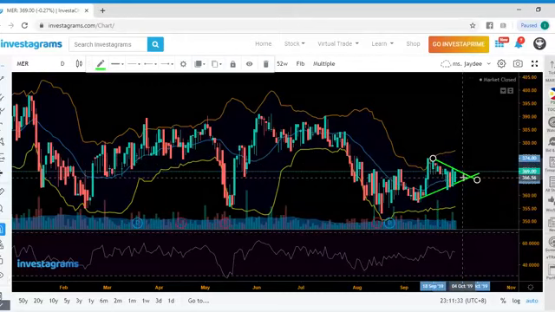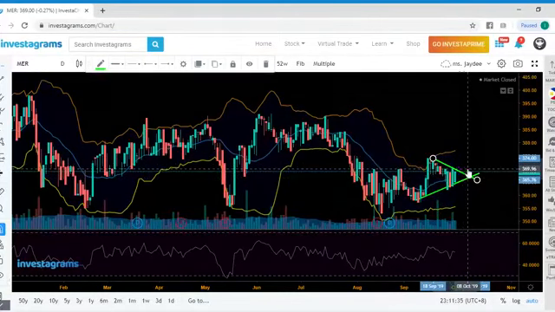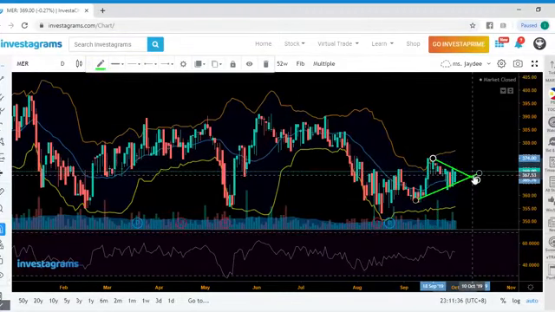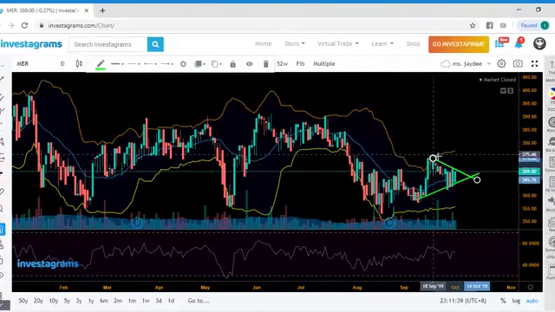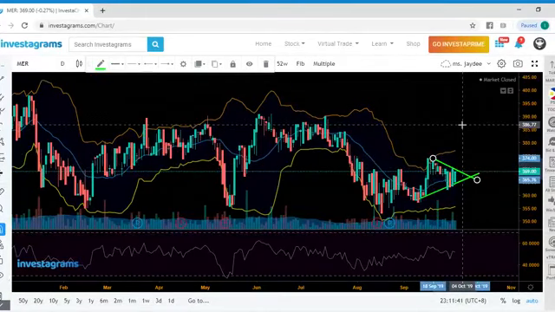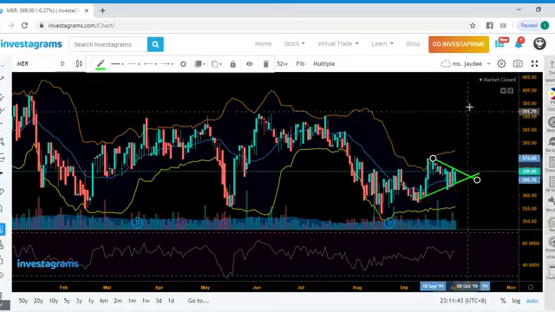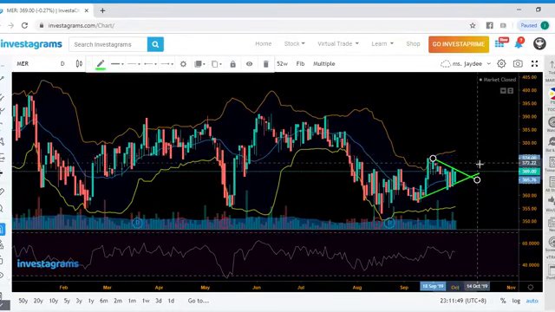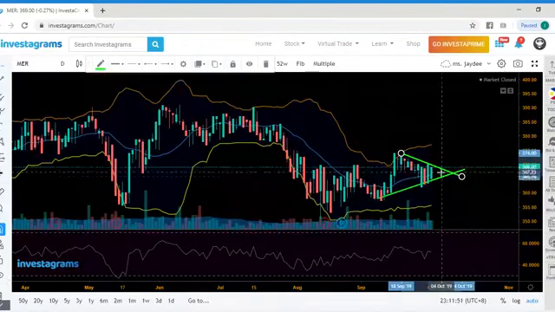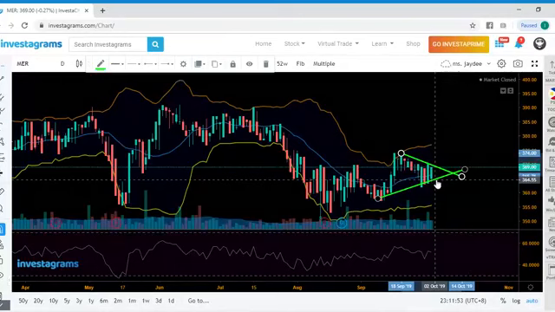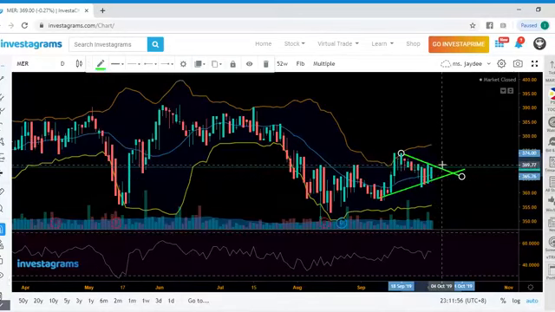What you want to see here is that when the price breaks out of that line that we have up here, then that's a good entry price, because we might have another wave of bullish momentum for Meralco. So wait for it to break out of this triangle.